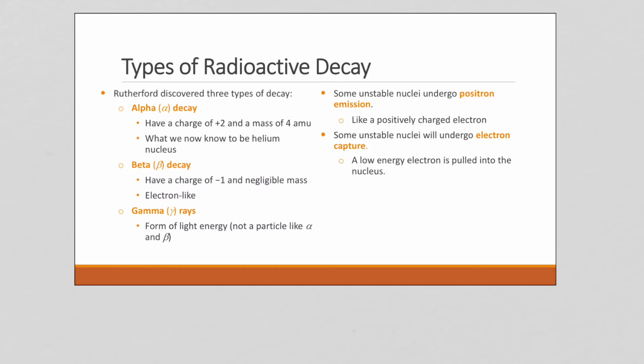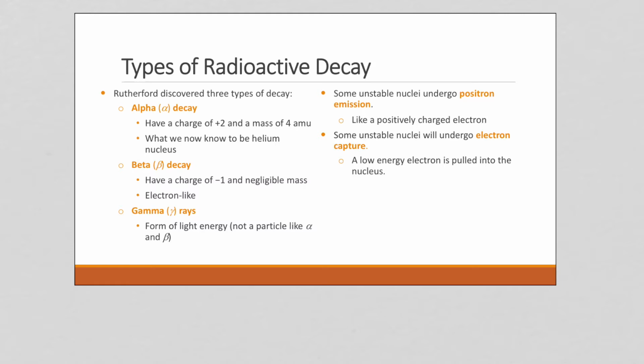Well, Rutherford, who we might remember from some other very important work that he did, like the nuclear model of the atom, for example, also was very big into radioactivity, right? And he's credited with discovering 3 types of decay particles, right? Of these subatomic particles that are emitted from these radioactive nuclei.